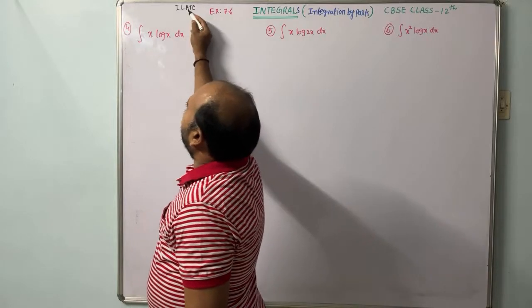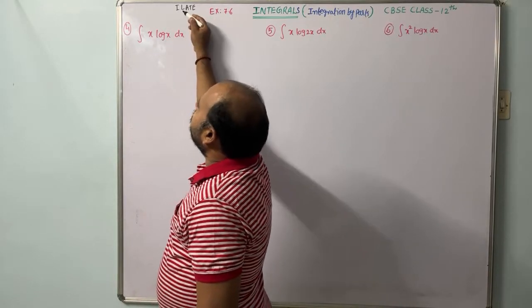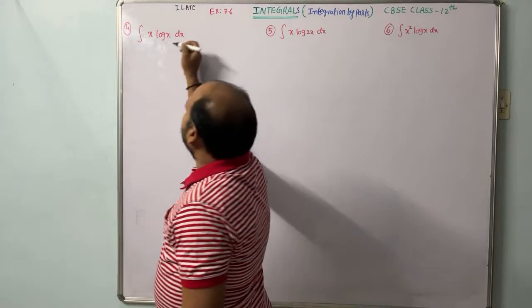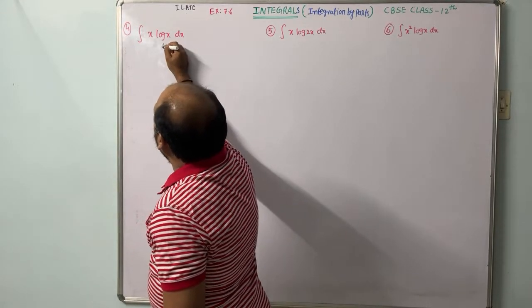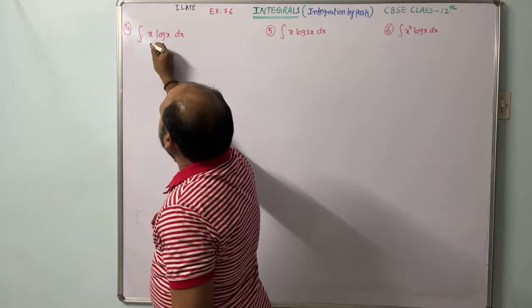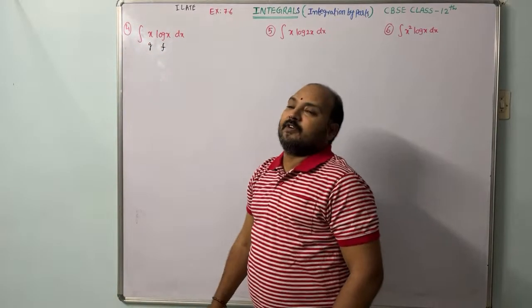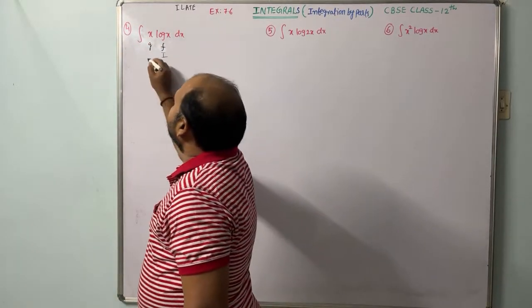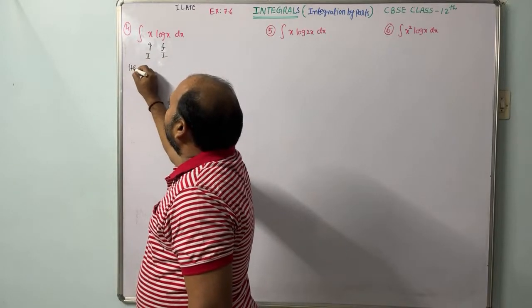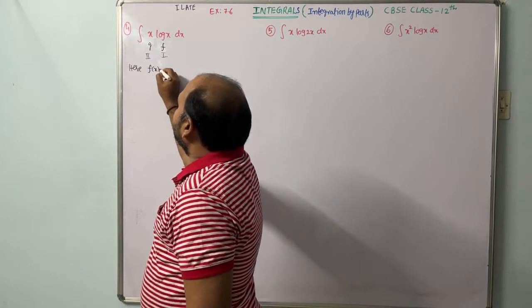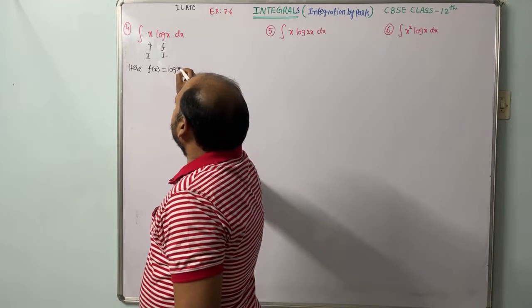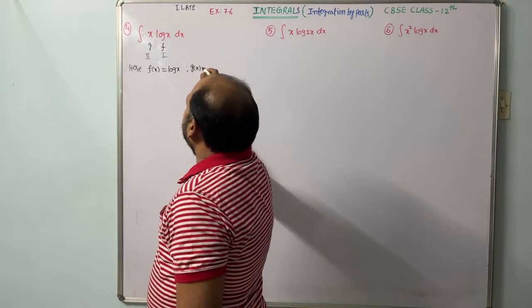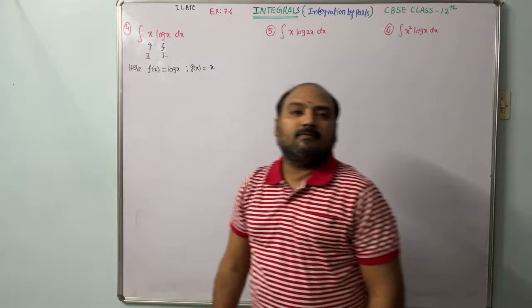x belongs to algebraic and log x belongs to logarithmic function. Logarithmic is the first function, algebraic is the second function. So here f of x is equal to log x and g of x is equal to x.